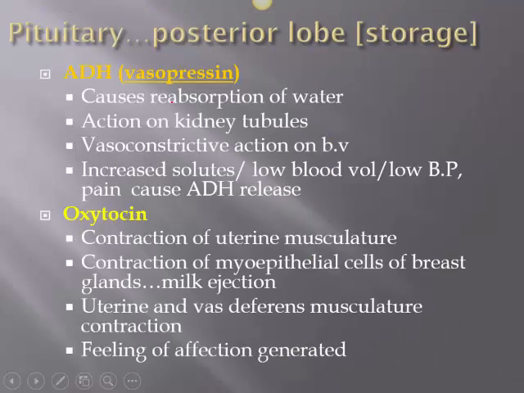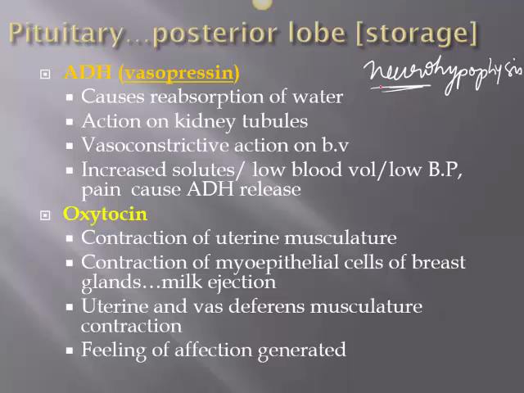Now let's look at what are the actions of these hormones. So first let's look at what is produced by the posterior hypothalamus and stored in the posterior pituitary, and it's called the posterior lobe of the posterior pituitary. This posterior lobe, just in case you read it somewhere, is also known as neurohypophysis. And again, this will help you to remember, because it's connected by that neural tract, okay?